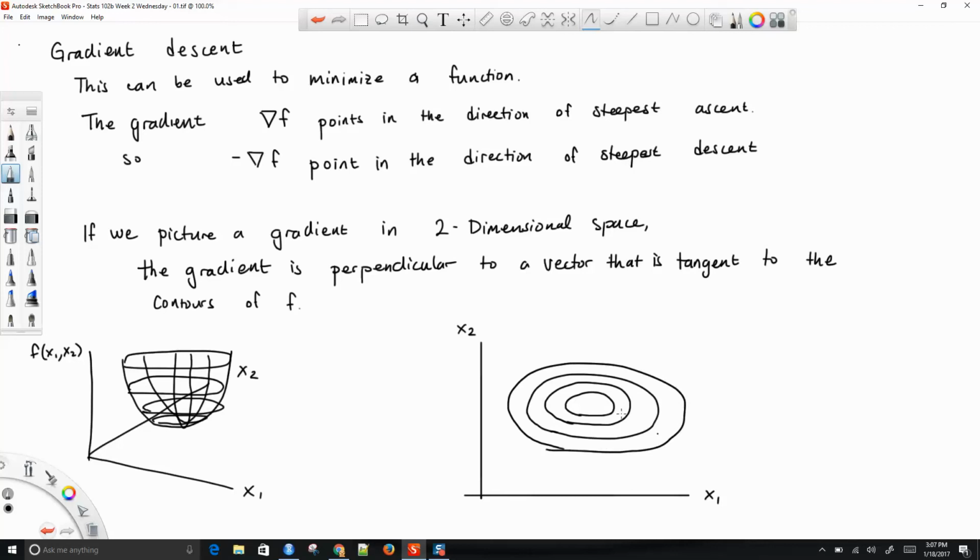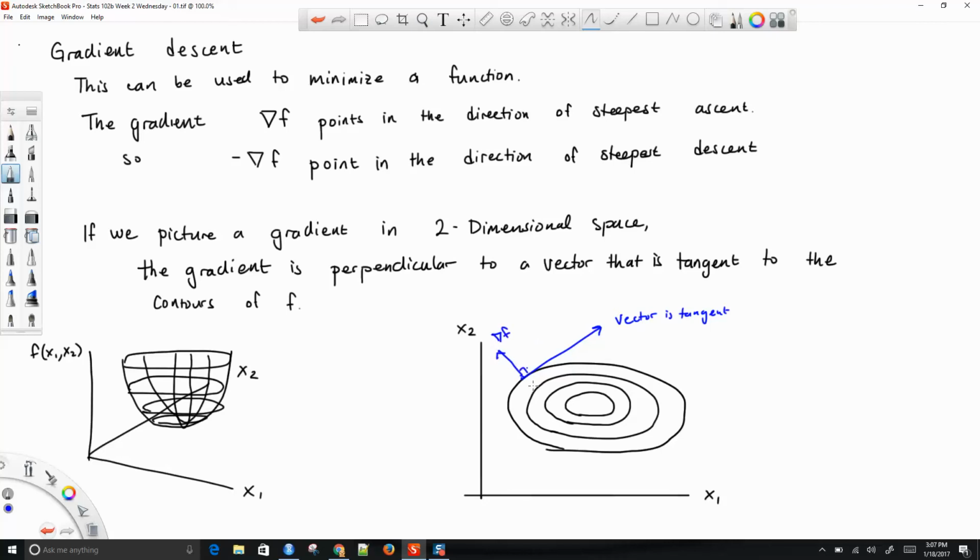Then imagine we have a vector that is tangent to the contour. I don't know how to draw such a thing. So this vector is tangent. Then the gradient is perpendicular to that. This is the gradient, delta f.